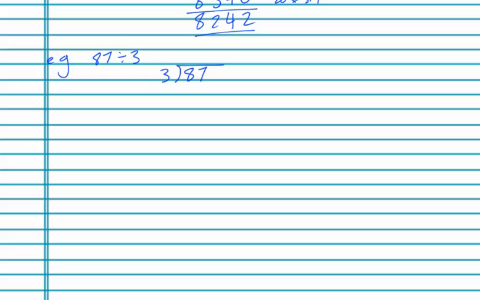And that's basically how many times does 3 go into 87? 3 goes into 8. 3 times 2 is 6. And the next one up is 9, so it goes in twice.